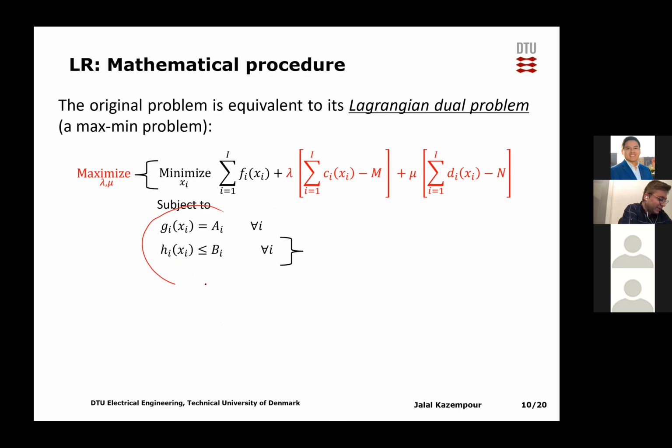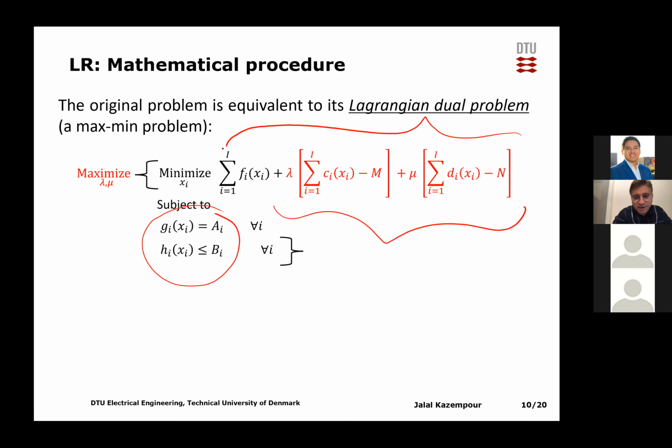It means that we keep the original constraints, we keep them there, and we just bring the complicating constraint to the objective function. So this is the partial Lagrangian function. It's still constrained, while the full Lagrangian function is an unconstrained problem.